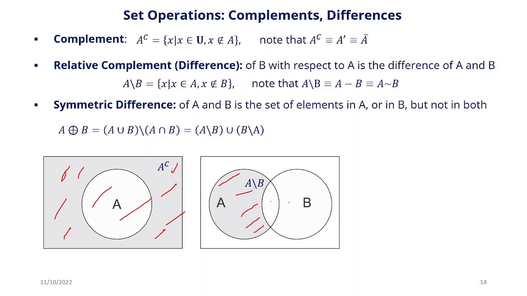Nothing from here and nothing from here. That is A bar B. In the same way on this side, what you have here is B bar A.